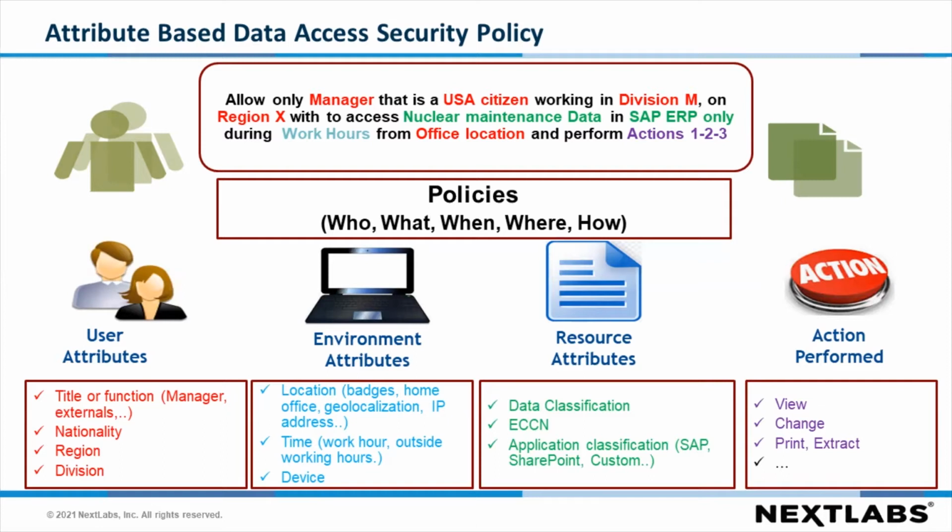Then we add resource attributes, limiting this to, in this case, nuclear maintenance data within SAP ERP. Depending on their attributes, we would allow them to view it, change that data, print, extract, or download that data. All of that can be defined as part of the data access security policy.